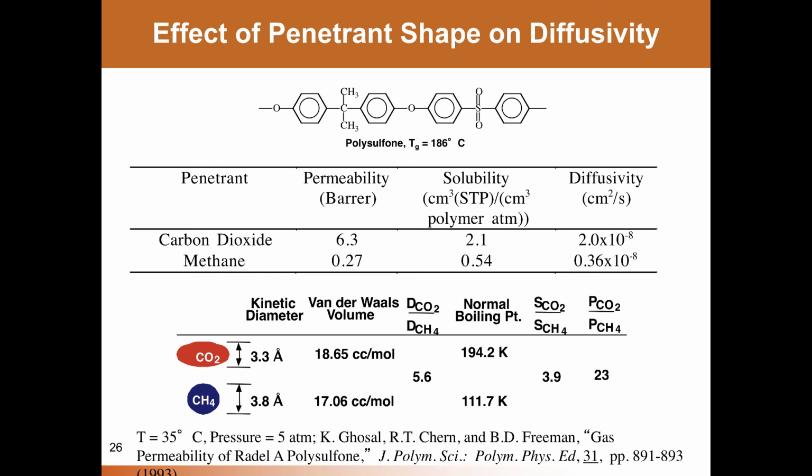And so if you look at CO2, it has a molecular weight of 44 grams per mole. Methane is 16 grams per mole, and so on that basis, one would argue that methane should have a higher diffusion coefficient than carbon dioxide.